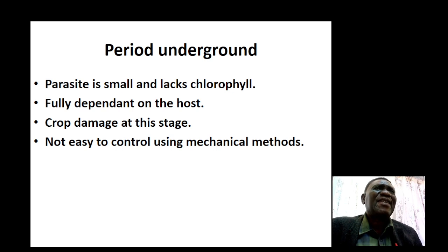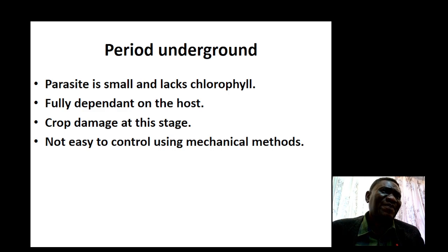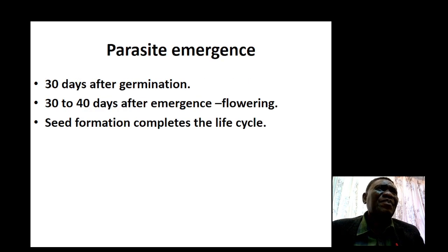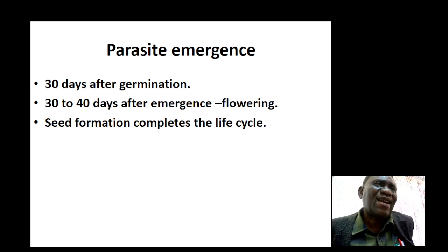It is fully dependent on the host, and the crop damage occurs at this stage, and it is not easy to control using mechanical methods because you cannot see it. It takes 30 days after germination to emerge. Now, 30 to 40 days after emergence, you get flowering, then you have seed formation, and the life cycle is completed.